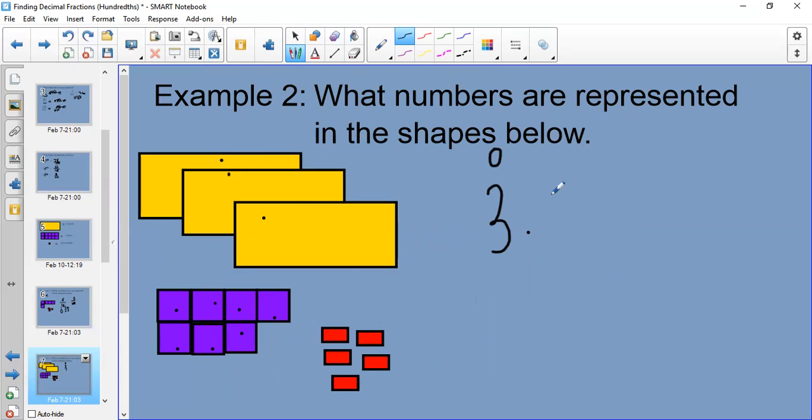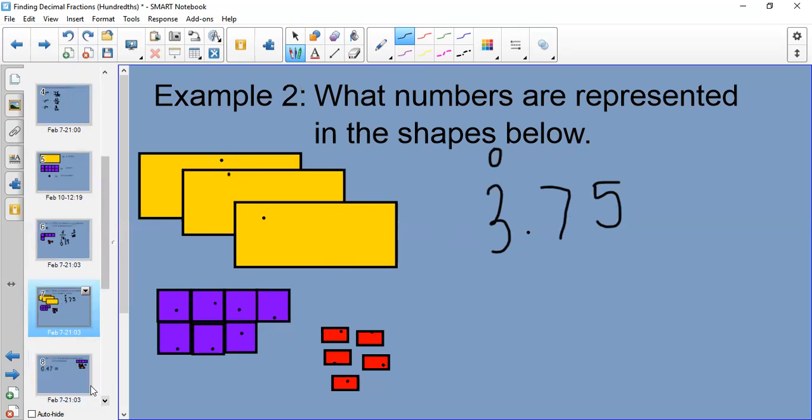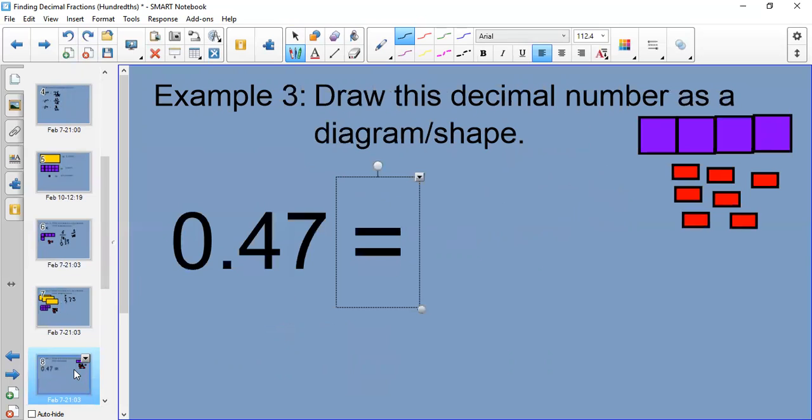We've got 7 tenths. So we put 7 in our tenths column. And we've got 1, 2, 3, 4, 5 hundredths. So we put 5 in our hundredths column. So we've got 3 ones, as in 3 wholes, 7 tenths, and 5 hundredths. So the answer as a decimal is 3.75.